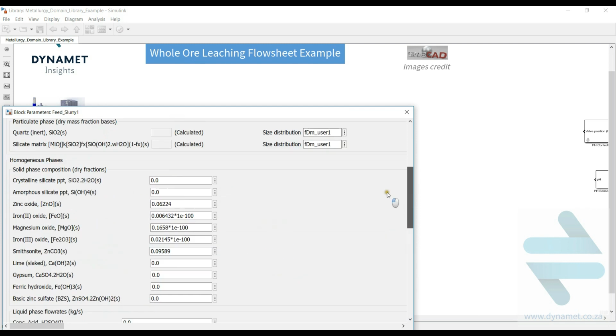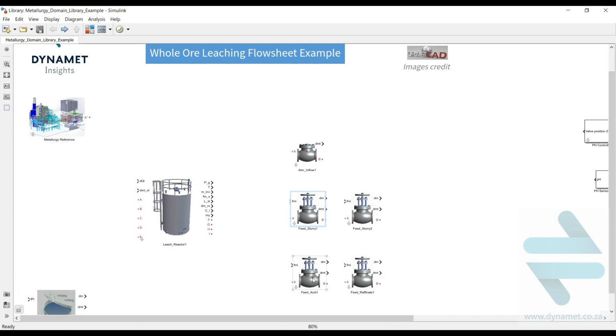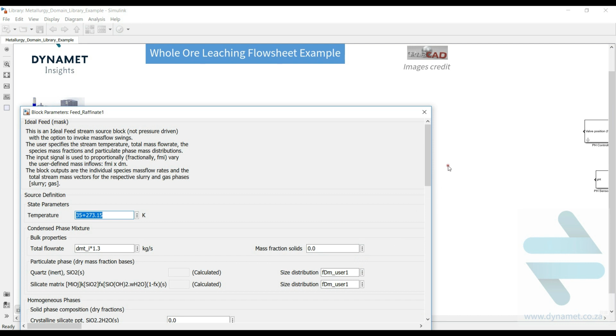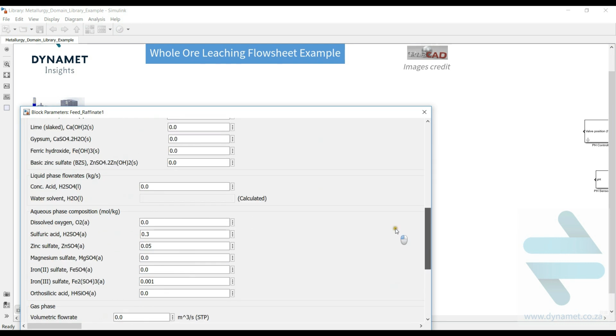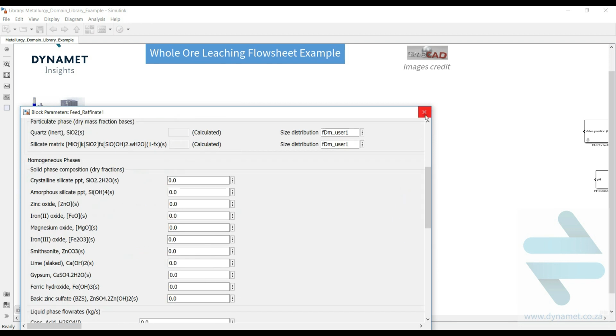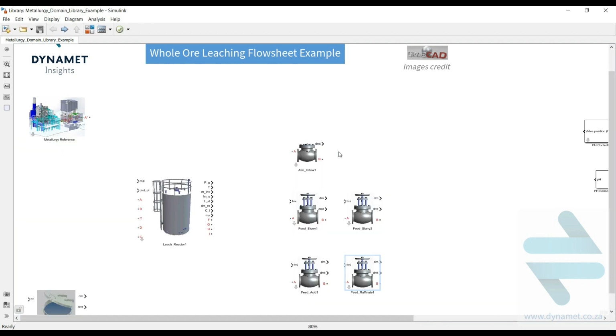Now we also have a concentrated acid makeup stream and a raffinate recycle stream. These stream specs would usually be entered by the user or be solved over time in an integrated circuit simulation. So these are the only custom built Simscape physical domain blocks utilized in this example.